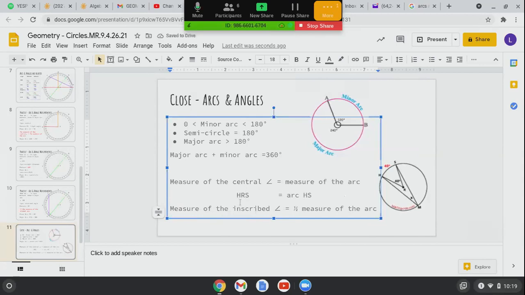So for us, the central angle is HRS. Angle HRS is equal to arc HS.